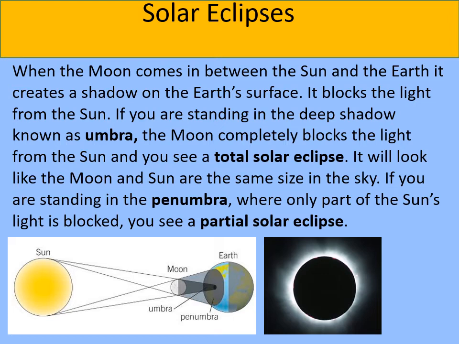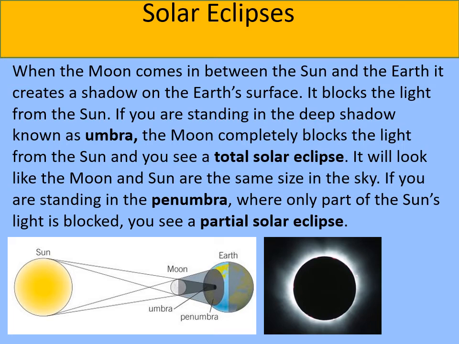Now, in general, solar eclipses last only for a few minutes as the moon casts only a small shadow on Earth. In other words, the moon's shadow covers just a small area on Earth. Now, if you look at the diagram on the left-hand side, which shows us the setup of how the solar eclipses take place, what we should see there as well is the umbra and the penumbra.